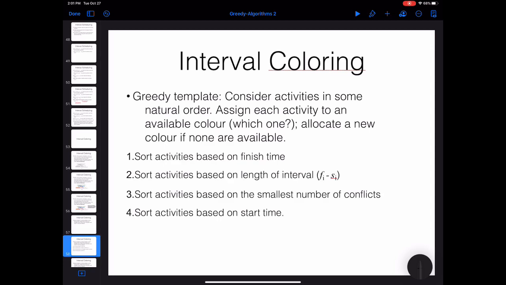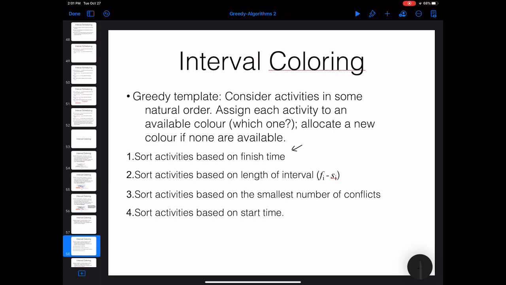Okay, so what are the greedy strategies that we can consider? I have written 4 of them here. For example, sort all the activities based on the finish time. This is actually something like the optimal strategy we used for interval scheduling.